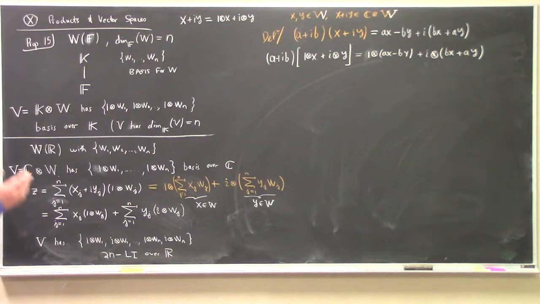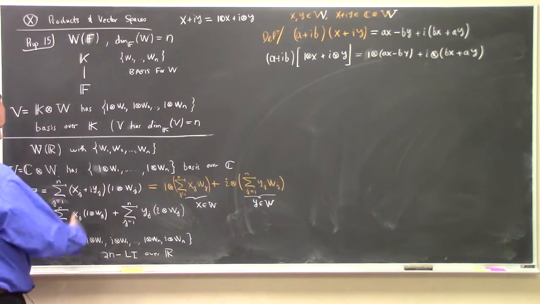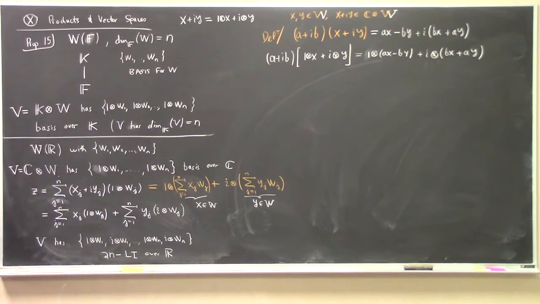But anyway, yes, the complexification of a real vector space is a complex vector space, which can be viewed as a 2n dimensional real vector space.